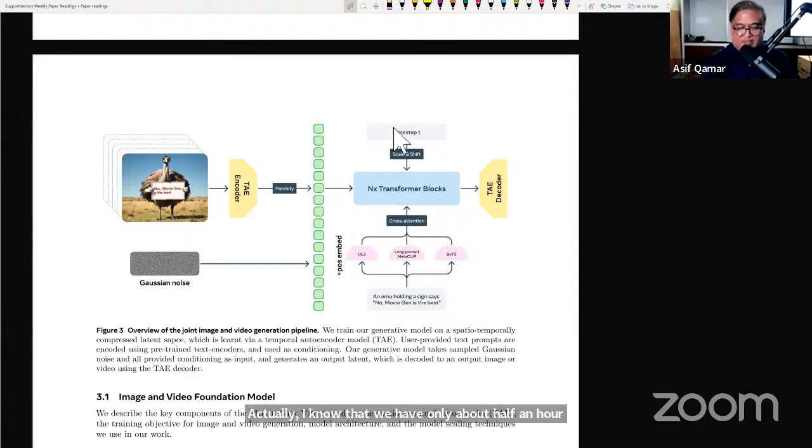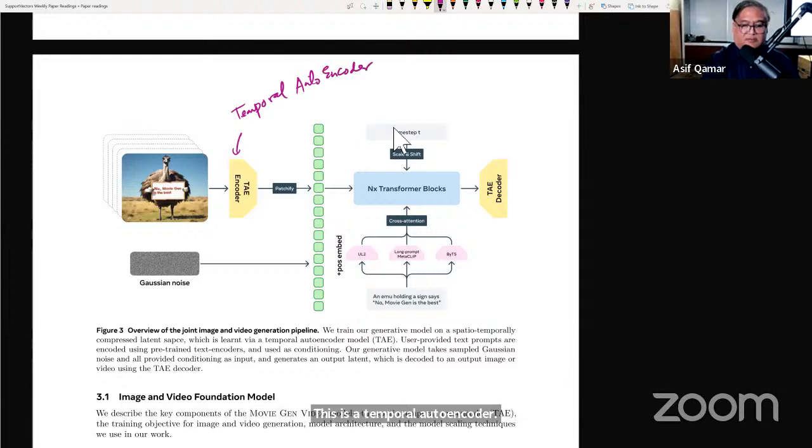This is a temporal autoencoder. We are all familiar with what autoencoders are, right? And temporal means because there is a time sequence, you have to bring that in also. Now, these days, for the temporal autoencoder, only the encoder part.